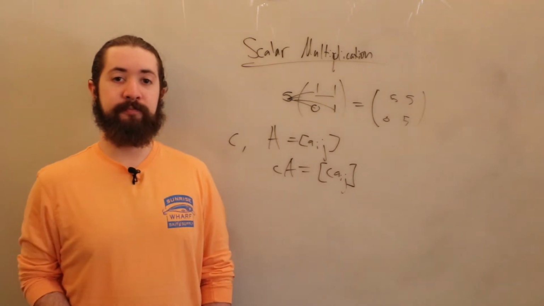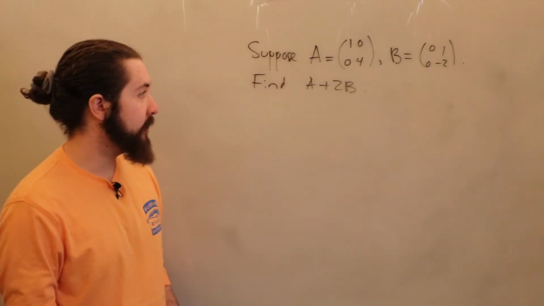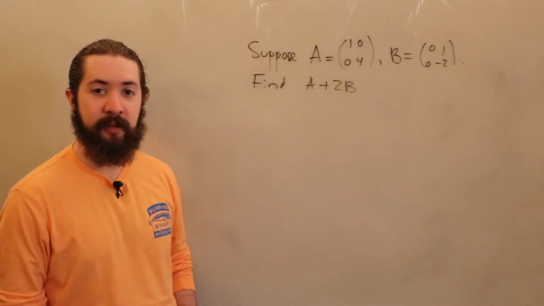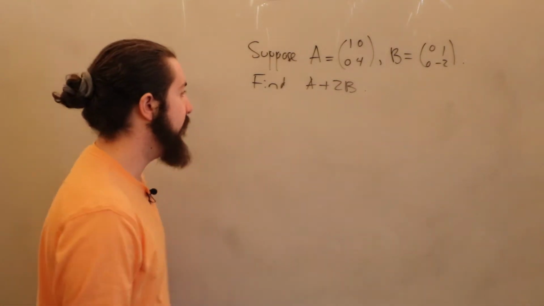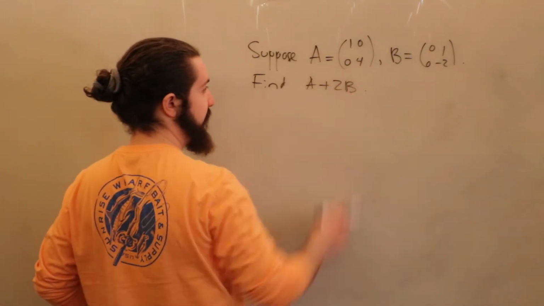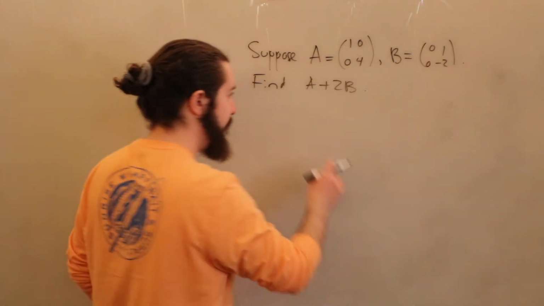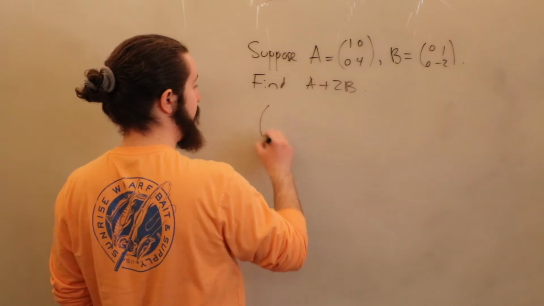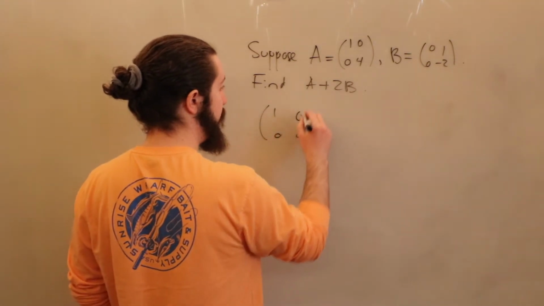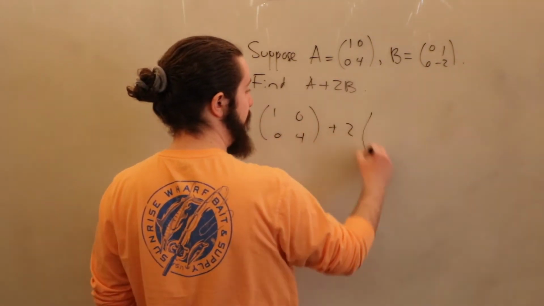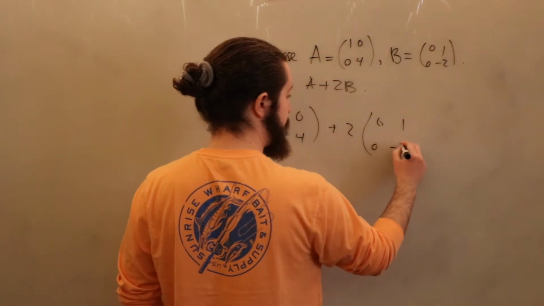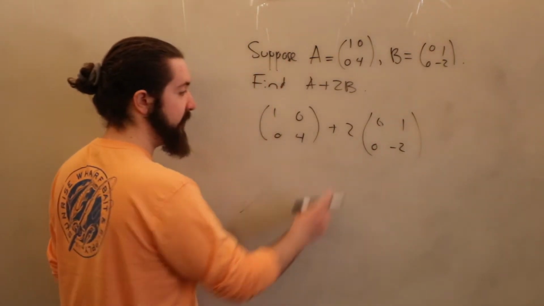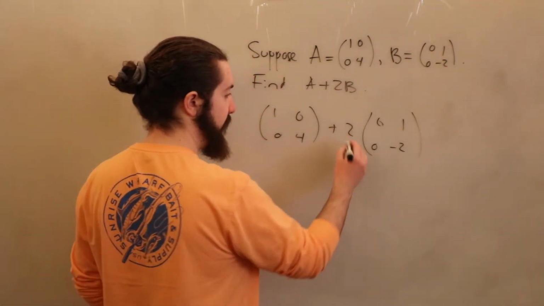Scalar multiplication. Now at this point we can combine our two operations to make more fun. So suppose that this matrix is A and this matrix is B. Let's find A plus 2B. Well, that's just going to be [1, 0; 0, 4] as A plus 2 times B. And before we add these, we need to do the scalar multiplication on this one.